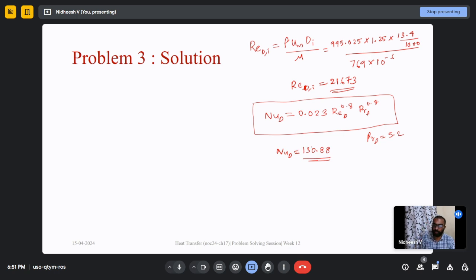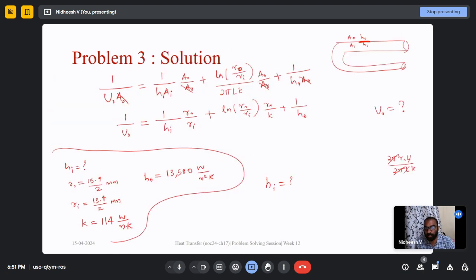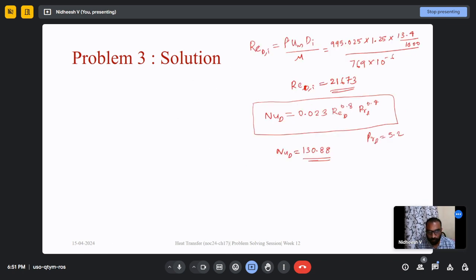Now from this Nusselt number we have to calculate HI. Remember why we calculated this Nusselt number? If we go back to the expression that we wrote for overall heat transfer coefficient, only the convective heat transfer coefficient for the inner tube was unknown. To find this HI, we went for this Nusselt number calculation. This Nusselt number we can rewrite as HD by K, right?